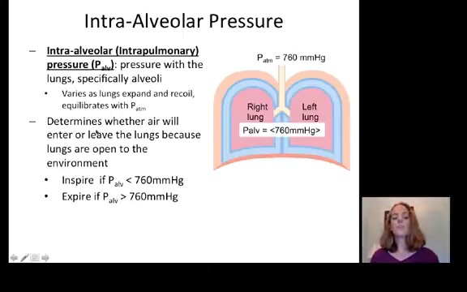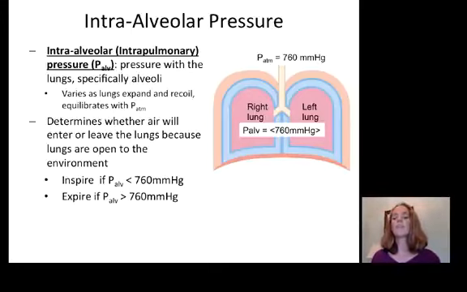So this will determine whether the air will enter or leave the lungs because the lungs are open to the environment. The lungs can equilibrate with the environment because the airways are continuous from the nasal passages down into the lungs. So the pressure in the atmosphere is 760, and the lungs are going to try to reach 760 every time you change their volume.